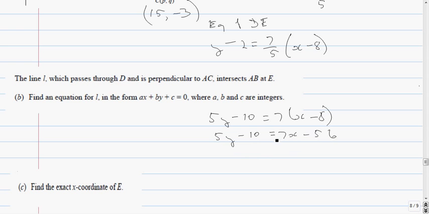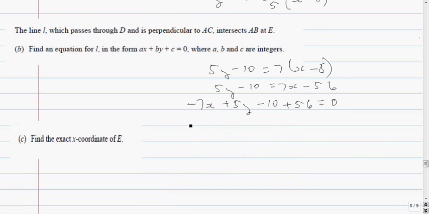They want it in that form, so bring the 7x over, which makes minus 7x. We've got 5y here already. We've got minus 10 here already. We bring the 56 over, and that will equal 0. So minus 7x plus 5y plus 46 is equal to 0. So 7x minus 5y minus 46 equals 0.